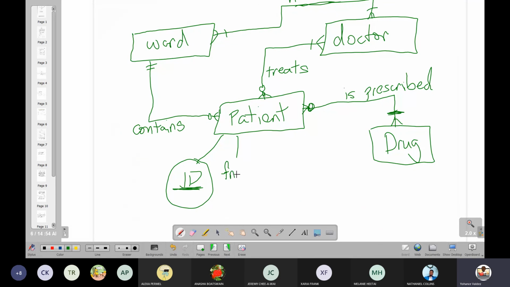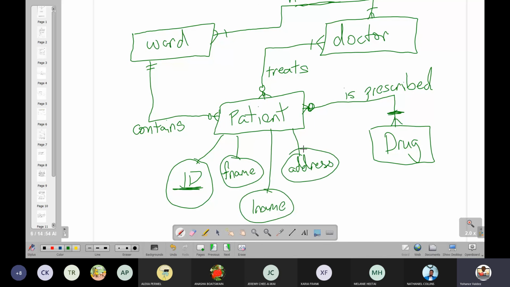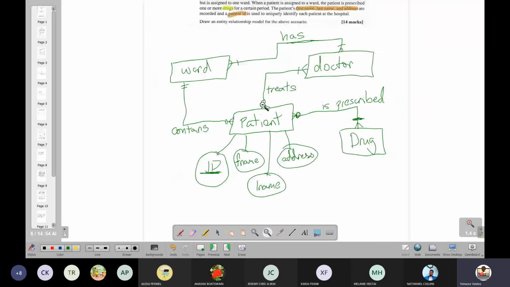So we put F name, L name, and address. Okay, and this is, of course, our entity relationship diagram. This is our entity relationship diagram for this question.